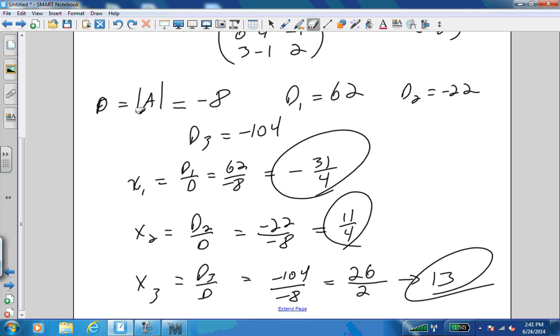If we can figure out D, D1, D2, D3, D's for each variable, then our value is just the corresponding D divided by D in general. So x1, D1 over D, x2, D2 over D, and so forth.